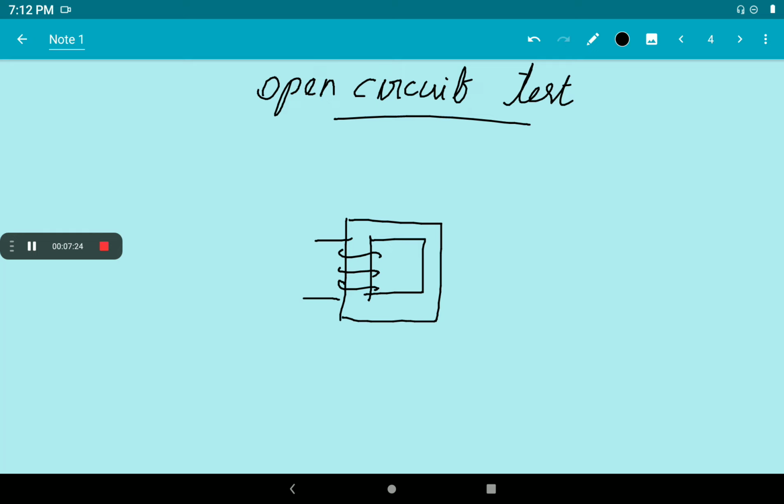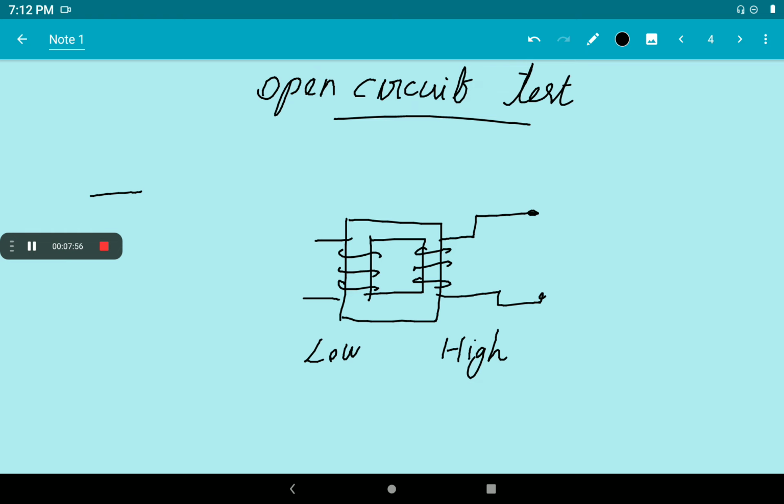We select the low voltage side as the primary, and the high voltage side, the secondary, is kept open. There is no load connected in this test. This is open, that is why we call it the open circuit test.